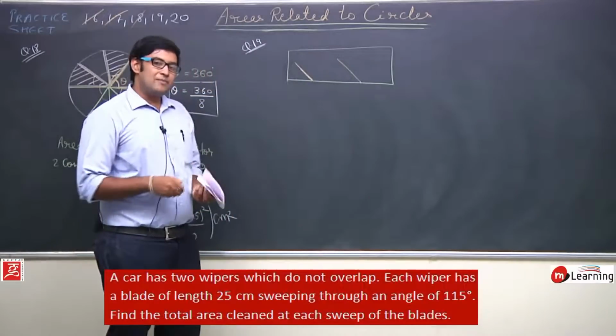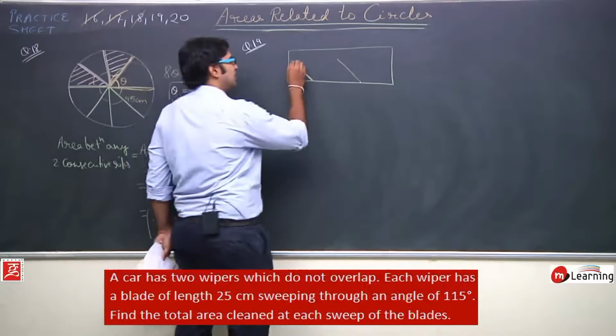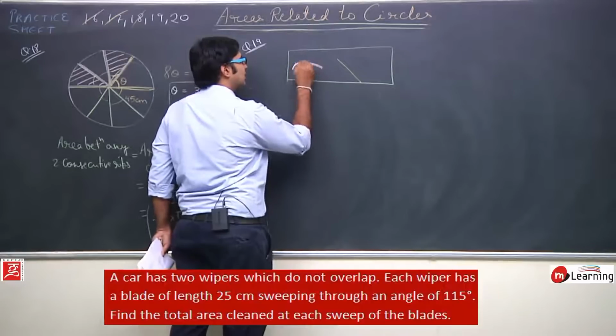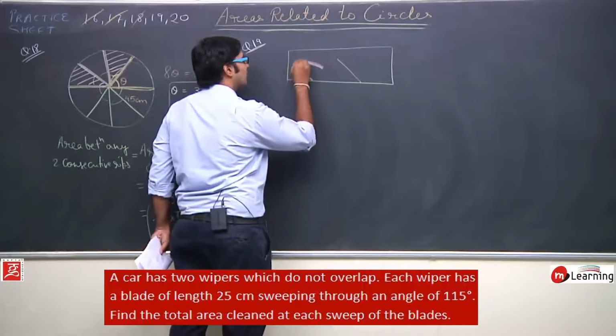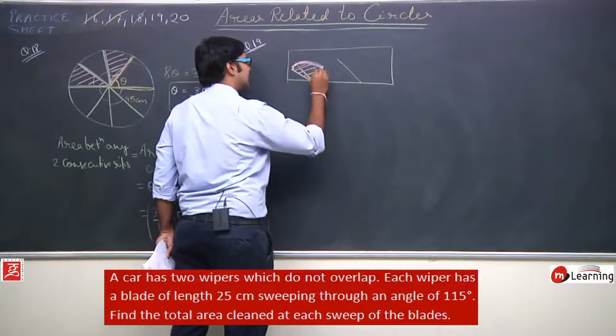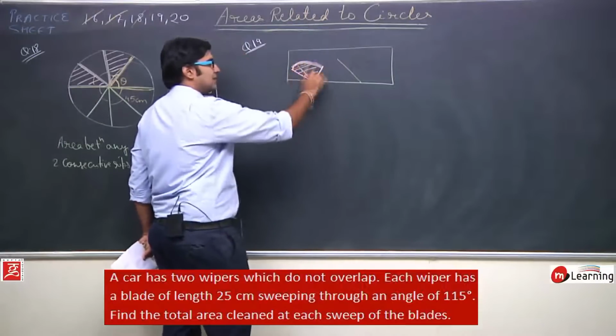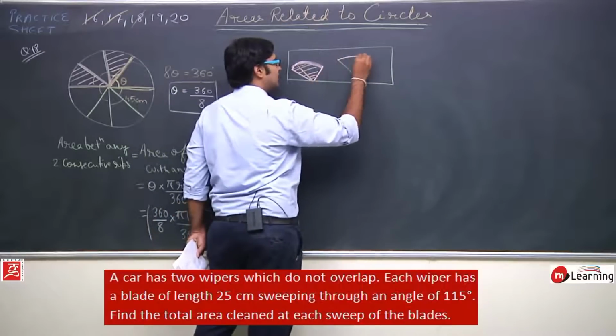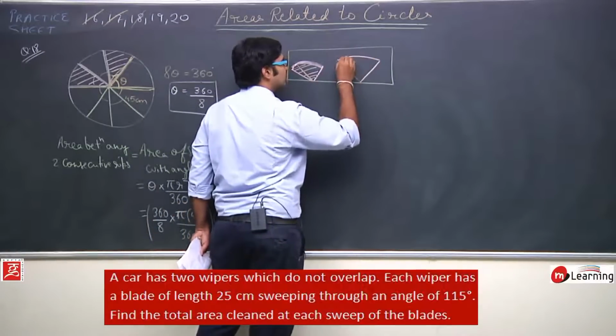Now if these two wipers move, they clean an area in an angle of 115 degrees. It says that these two wipers clean an area of 115 degrees at a time, this much area.